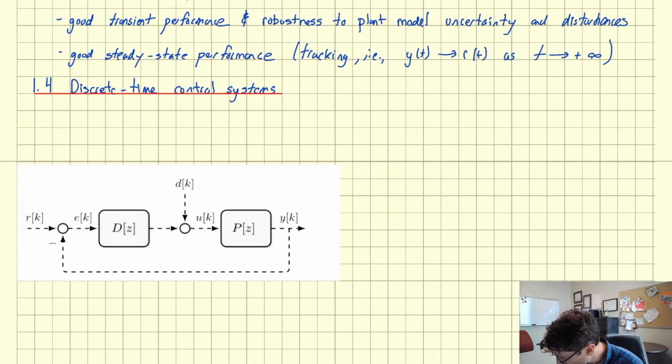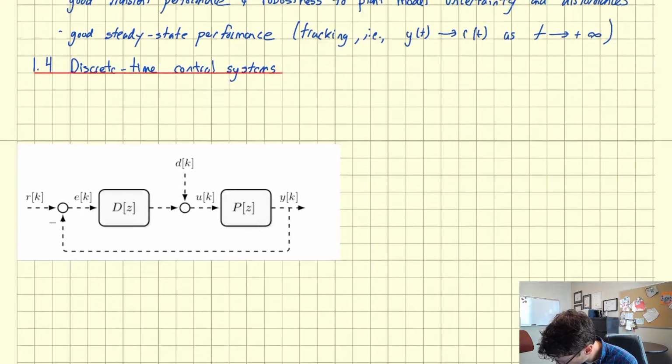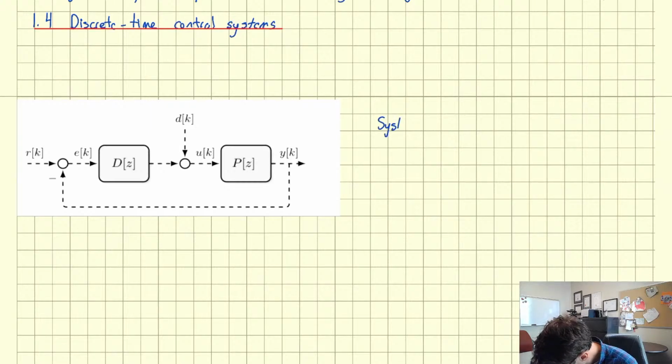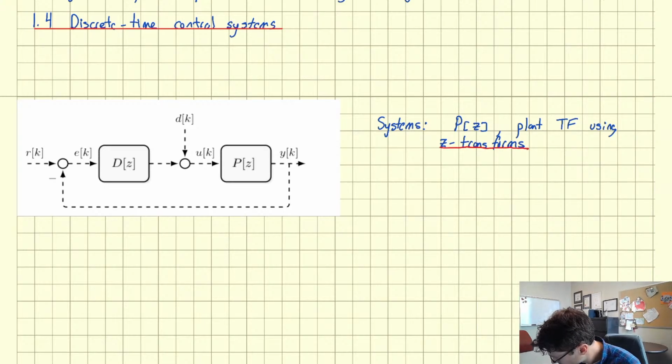So the systems, well, there's a plant, of course, again. So P of Z is the plant transfer function using Z transforms. So the Z transform is to discrete time as the Laplace transform is to continuous time.